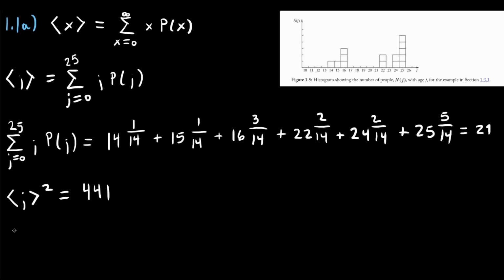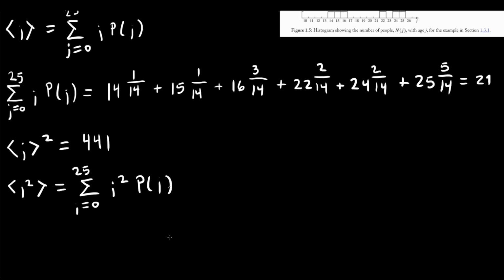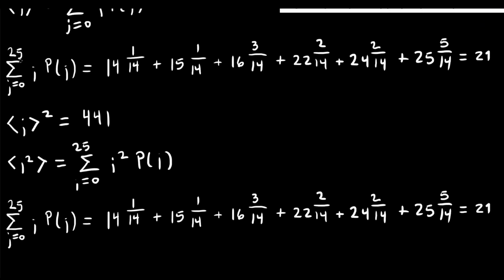And now to get the expectation value of j squared, we use the same summation as before, but instead of j, it's j squared times the probability of getting that j. I just copied and pasted this line from above, and all we need to change is to add a square up here, so we add a square on all of these numbers.